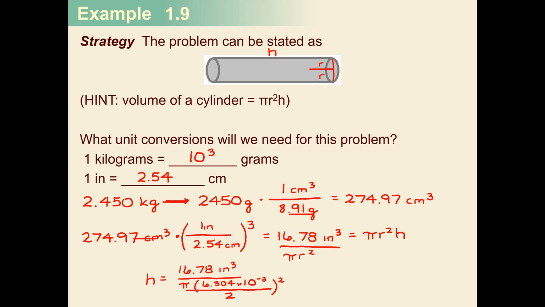So if I put all of this into my calculator, you will come to find out that my height, which is actually the length of the cylinder, would end up being 5.37 times 10 to the 5th inches.